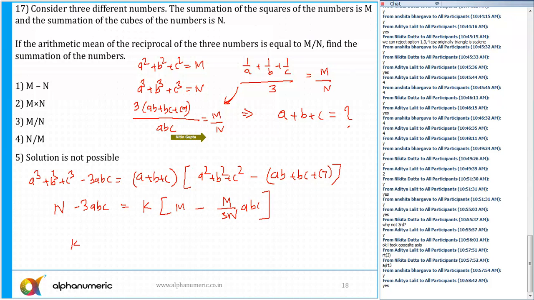So I'll get the value of K, which is equal to N minus 3ABC upon M minus M by 3N times ABC. Solve this, you'll get this expression as equal to N by M only. So this is the answer, option number 4.